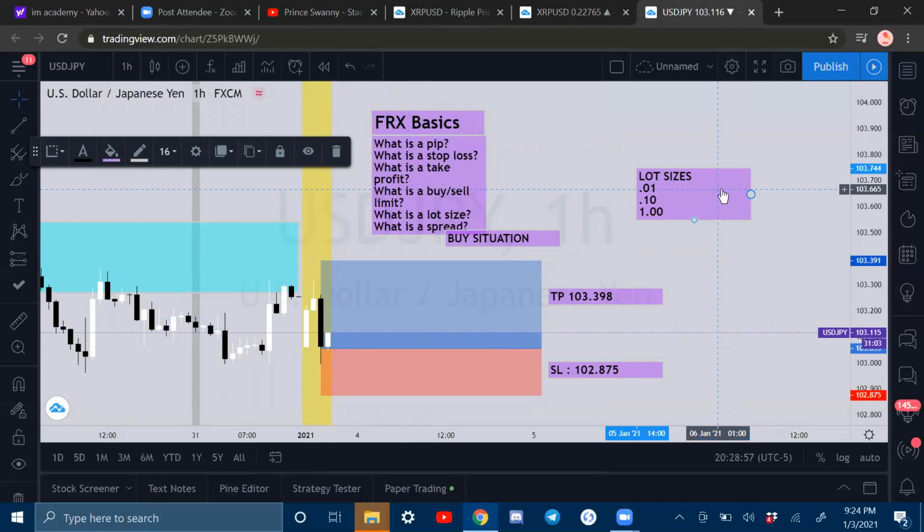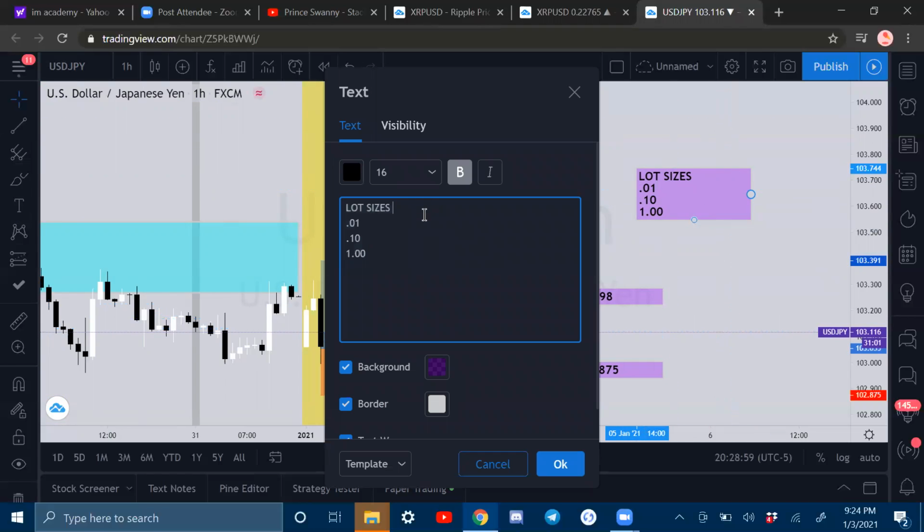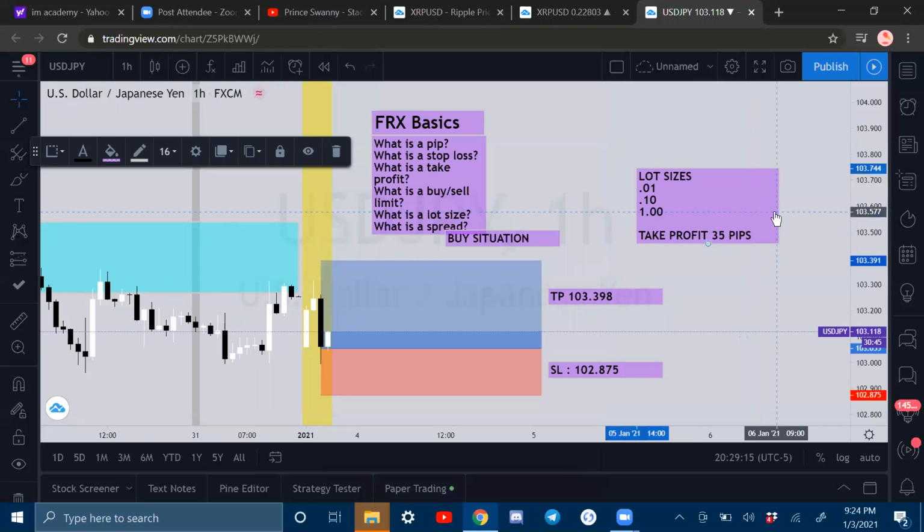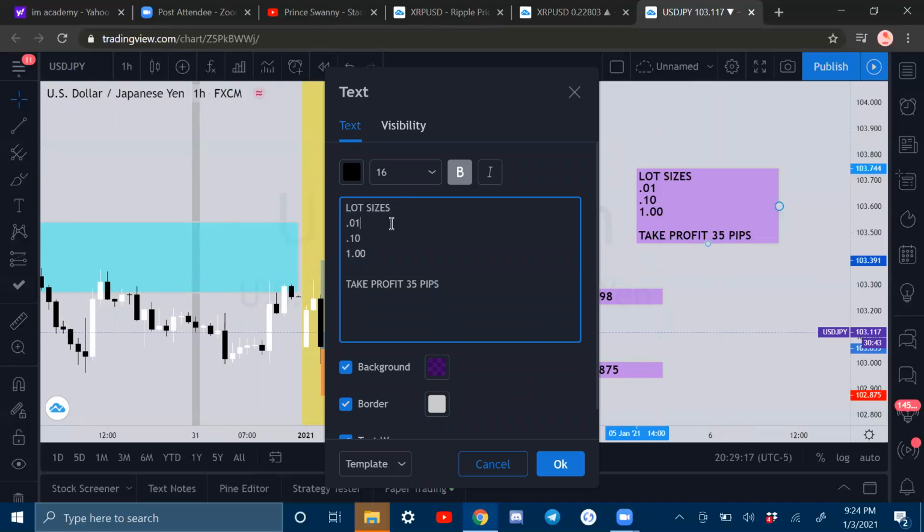So we know take profit is 35 pips, rounded off. All right. So this is how you calculate lot sizes.